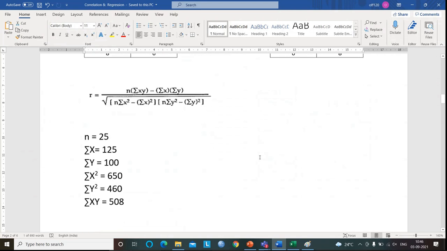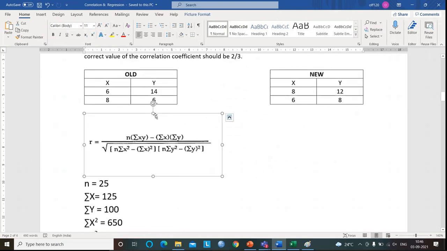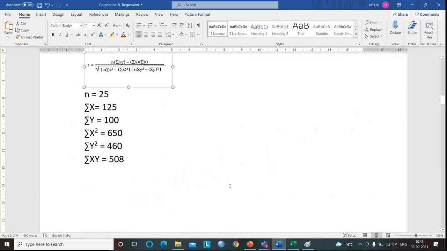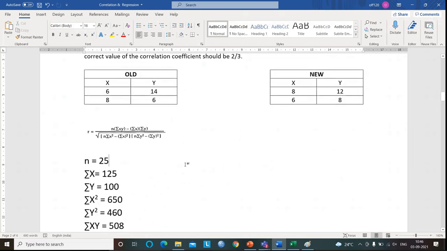So for that, what information did they give us? See, actually how many pairs of observations have they taken? They have taken 25 pairs of observations. Out of 25 pairs, now I have to remove two pairs of observations. This is the first pair and this is the second pair.